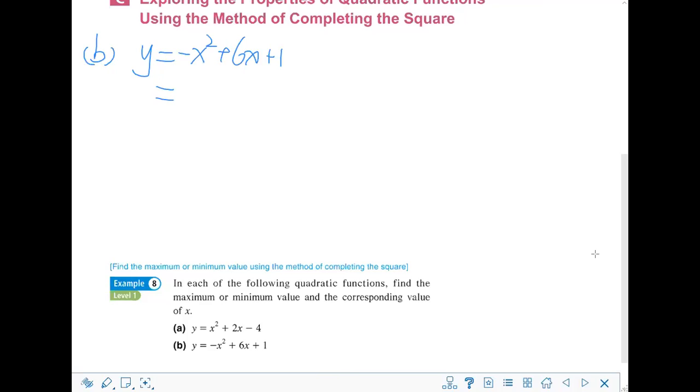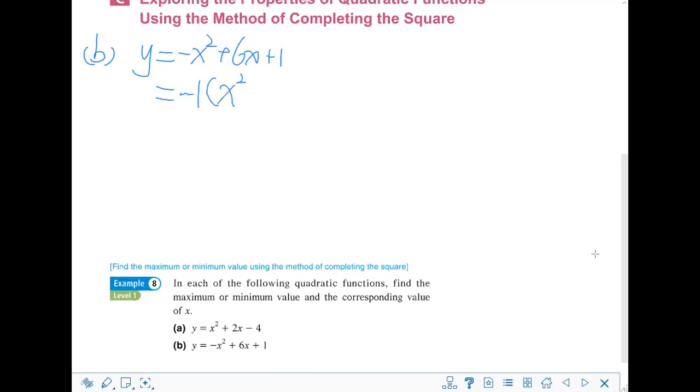Okay, and first step is to take out the value of a, the common factor a, okay? The a is -1, so we need to take out the -1.